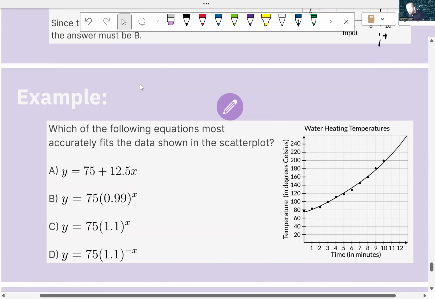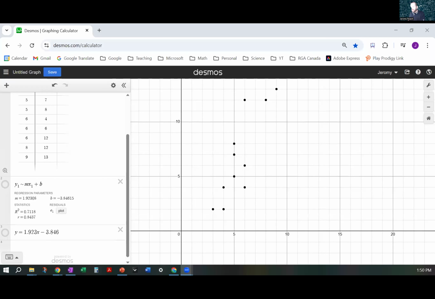All right, this next one says, which of the following equations most accurately fits the data shown? And honestly, I should probably be showing you how to do this on Desmos, because you get a graphing calculator on Desmos. So of these different choices, you can plug in all this information into Desmos.